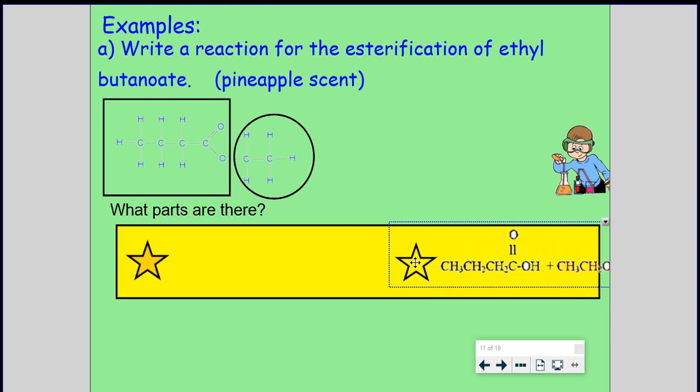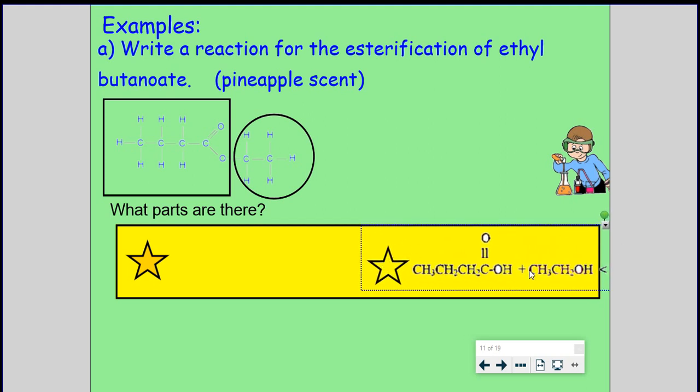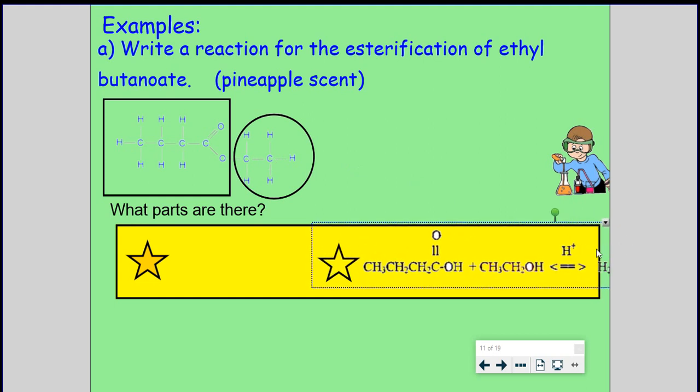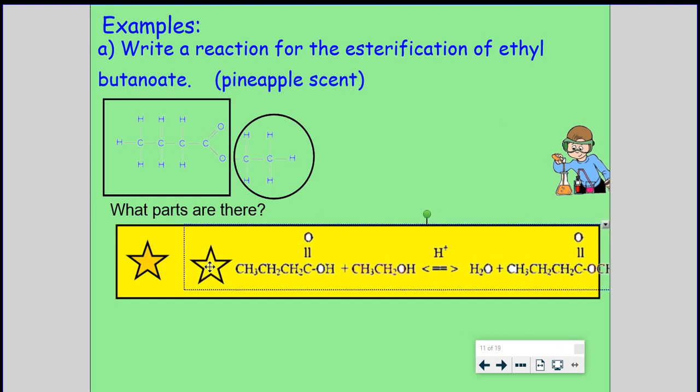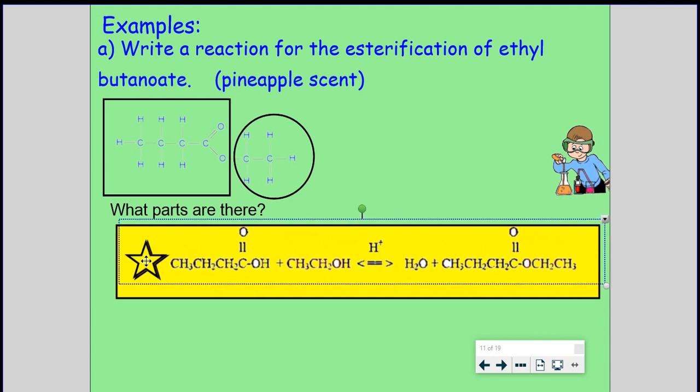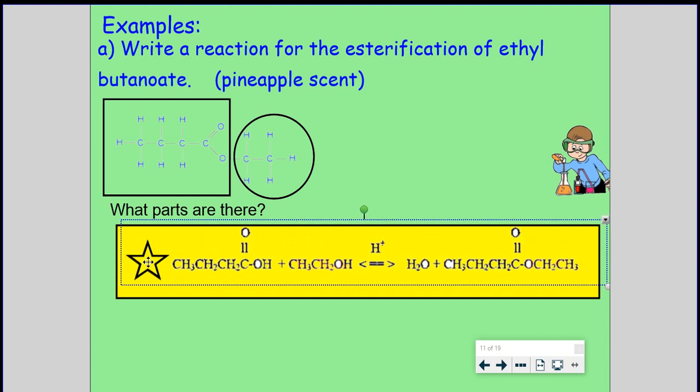Continue pulling this out to the side. We have two carbons alcohol in the presence of an acid, and I am missing heat here, so be sure to make that correction. And here we have ethyl butanoate as our final product, matching up the stars there, and that's your reaction. Now this is written in a condensed formula, but feel free to write it or draw it however you wish.